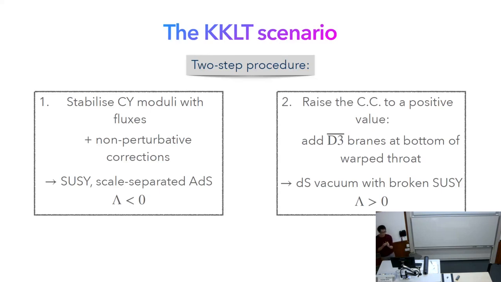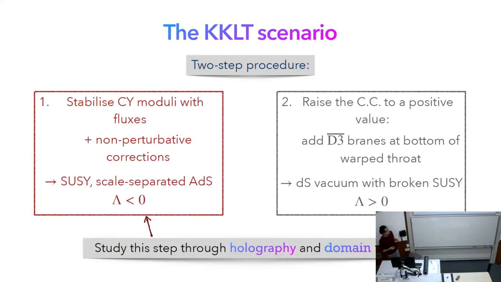In the second step, one can raise the cosmological constant to a positive value by adding an anti-D3 brane at the bottom of a warped throat in the Calabi-Yau. This would give a de Sitter vacuum with broken supersymmetry and a positive cosmological constant. So in this talk, we will study the first step through holography and domain walls.